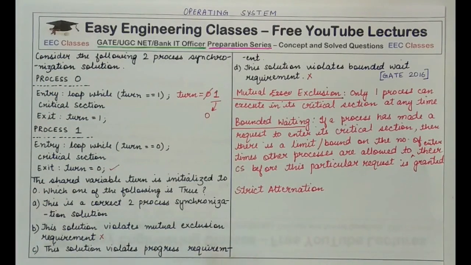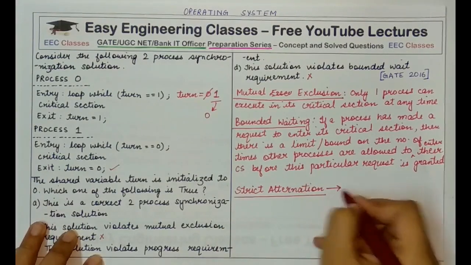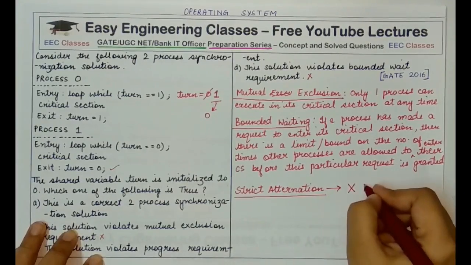Each process has to enter one by one to give the next access to another process. So strict alternation means that after completion of P0, if it wants to execute its critical section again, it will have to wait until process 1 executes once and gives the lock to P0 again. But this strict alternation violates the progress requirement.